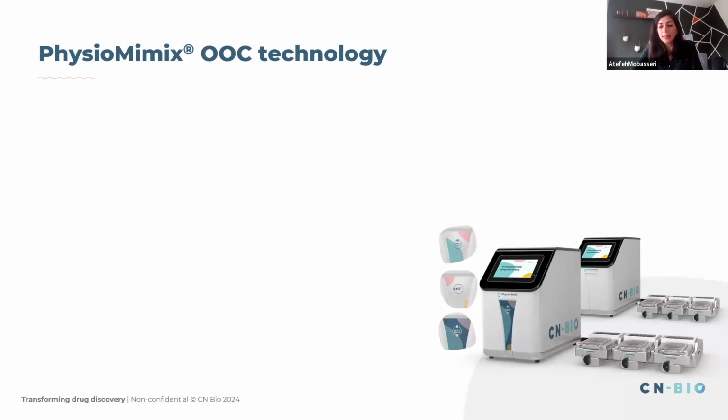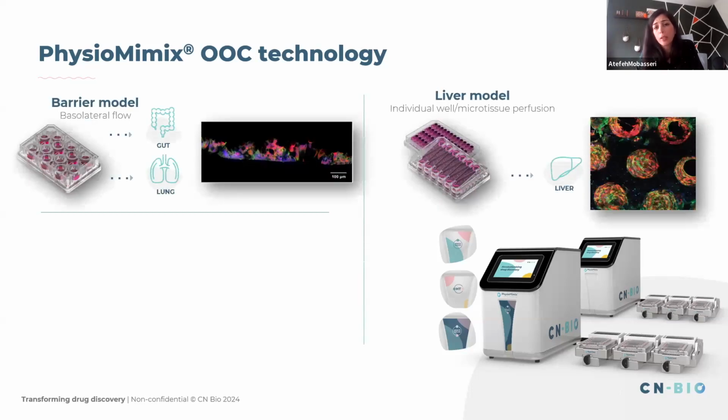So at CN Bio, we offer the organ-on-a-chip technology as a system that can be used within different labs, and the system provides the flow in a plate. And the plate format can offer different features, and these different features can be used for culturing different tissue models.